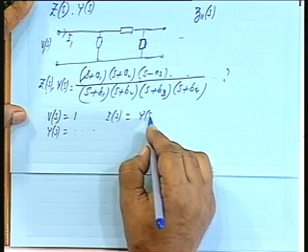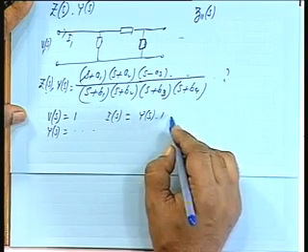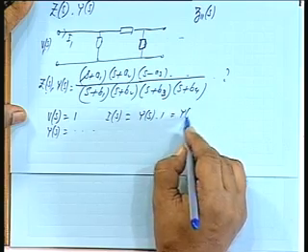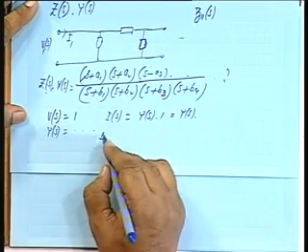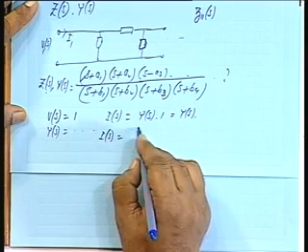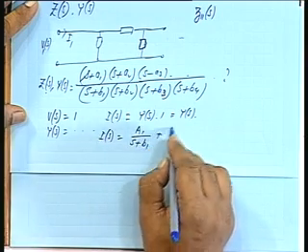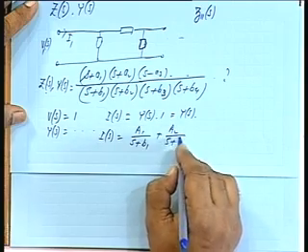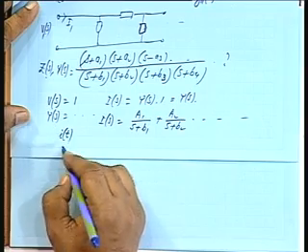It will be Ys itself, Ys into 1, is it not? So, if Ys is written in a partial fraction form, and so on, then what should be the current i(t)? What should be the current?